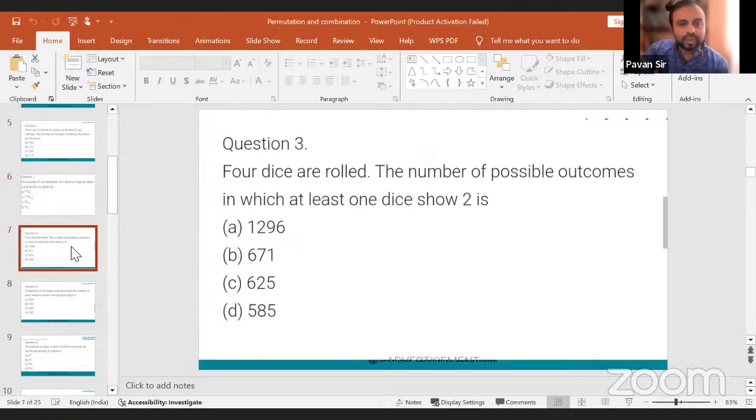Question number 3. 4 dice are rolled. The number of possible outcomes in which at least one dice shows 2. What is the answer for this?